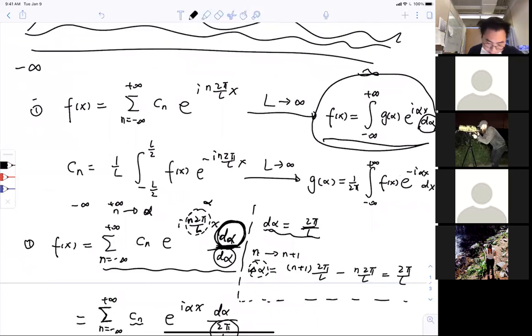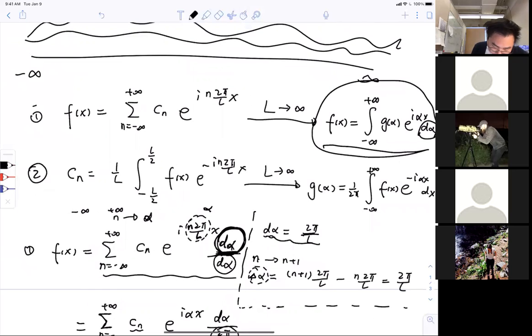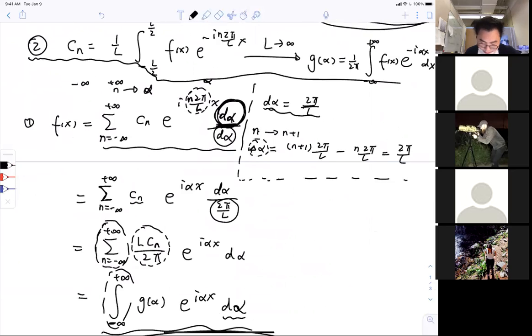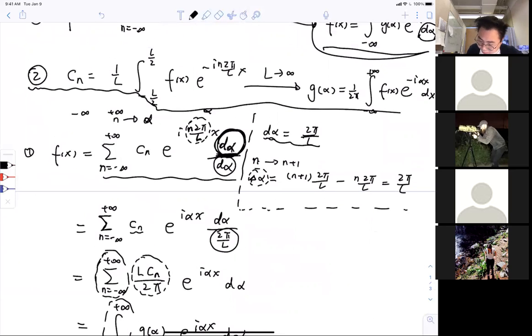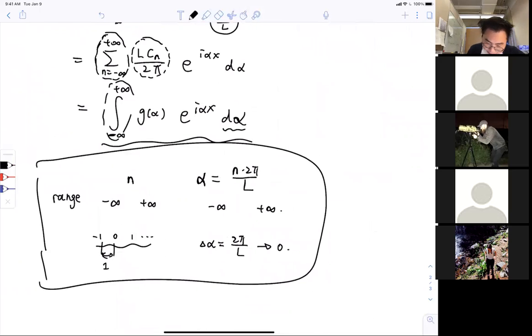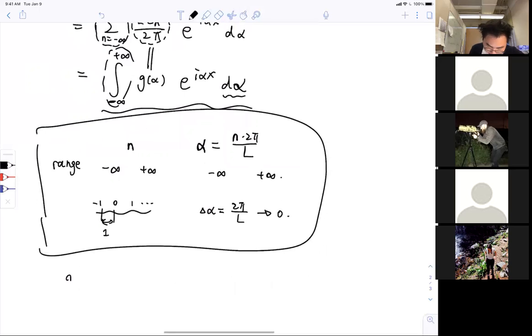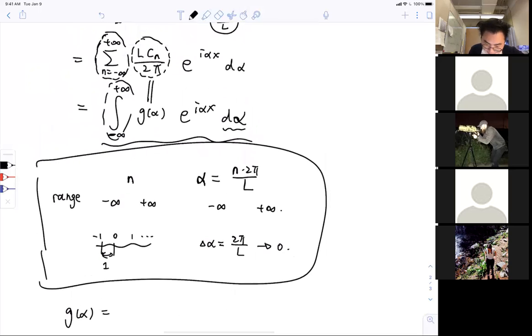And let's reproduce the second equation. For the second equation, we want to get this G alpha. What is G alpha? G alpha is defined as L times Cn divided by 2 pi.